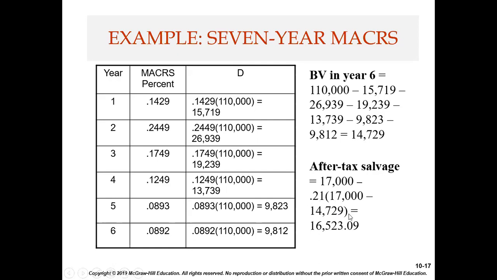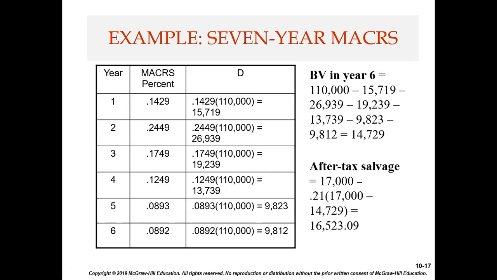Subtract the part you never depreciated, which is book value, and multiply it by your tax rate, which would be, let's see, I don't know if I did that. Nope. 2,271 is your difference times 21%, $476.91.